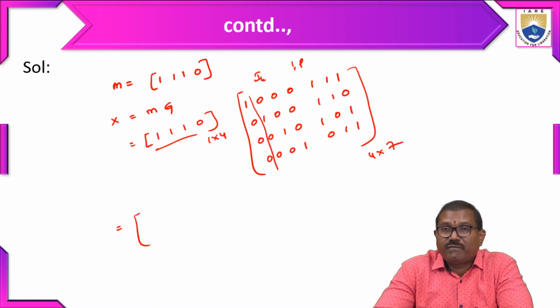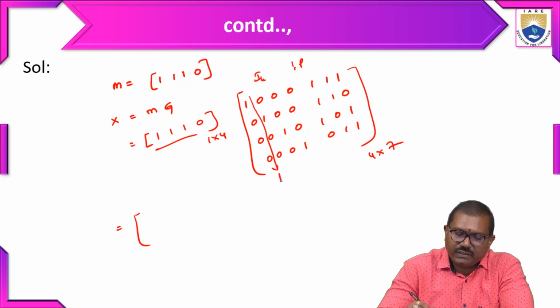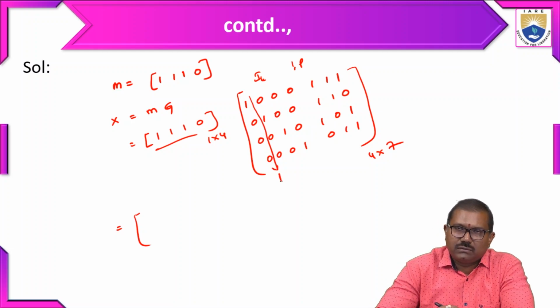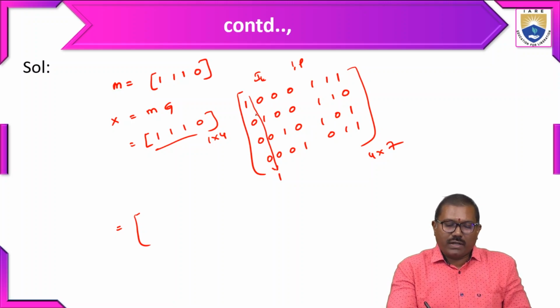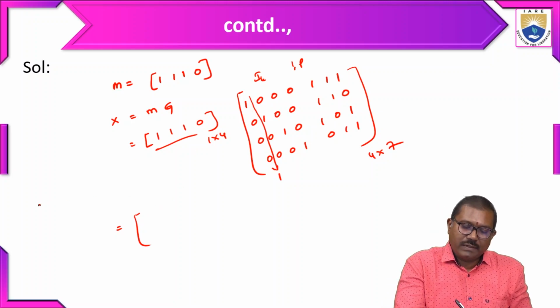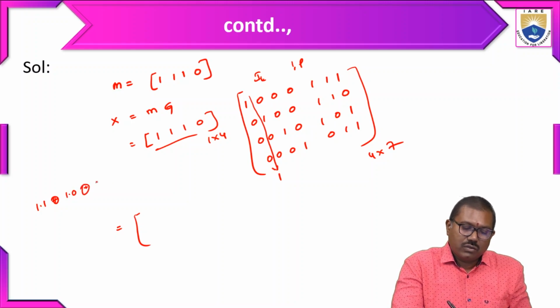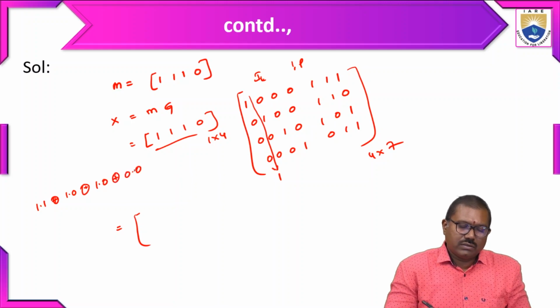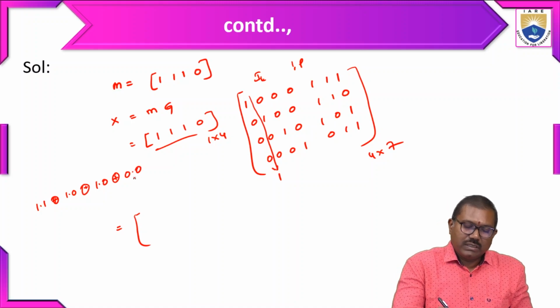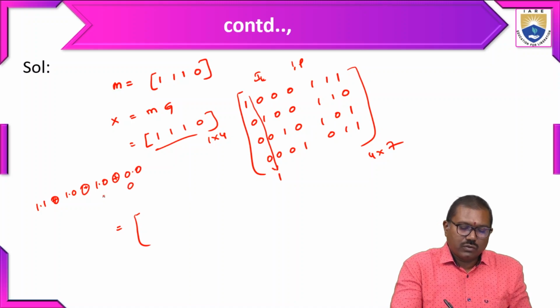First row, first element 1. Here the first column. So 1 into 1, 1. XOR 1 into 0, XOR 0 into 0, 0. 1 into 0, 0.